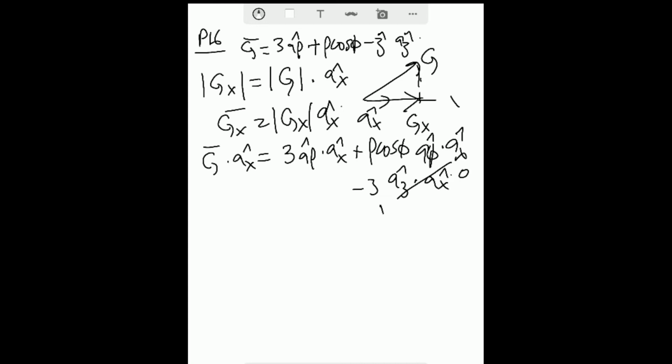Now I need to find a_rho dot a_x. I can find this by looking at the formula sheets, which are either in lecture 3 or lecture 4. You can go to one of them.